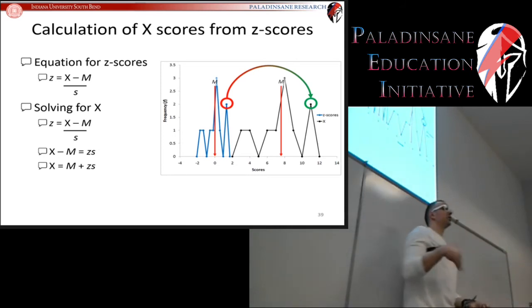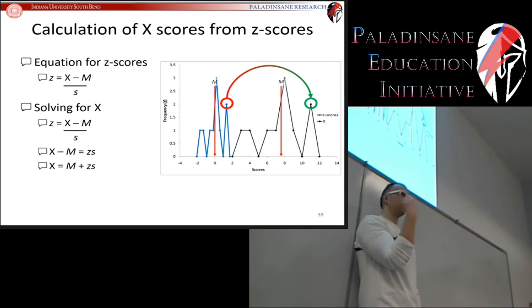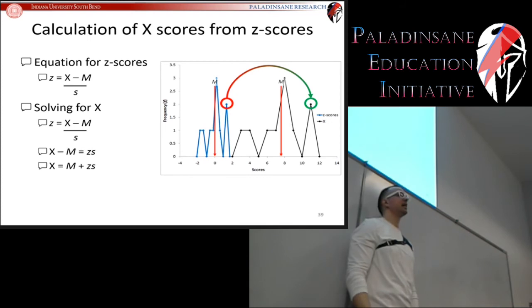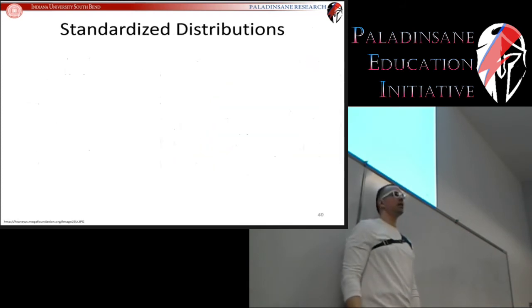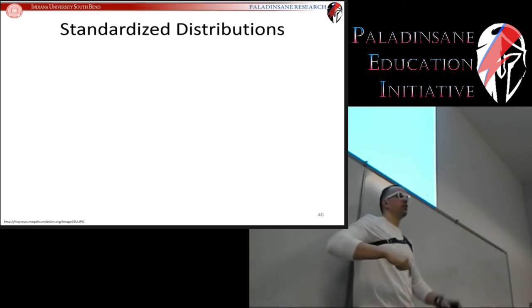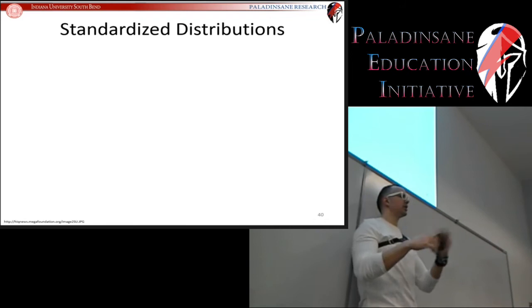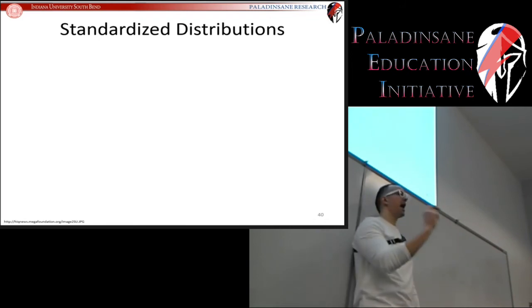But sometimes you want to go a step further and come up with more intuitively understood scores. These are oftentimes called standardized scores. Standardized distributions are distributions where you yourself, for some reason, pick a mean and pick a standard deviation, and you transform these z-scores so that the new distribution has that mean and that standard deviation.